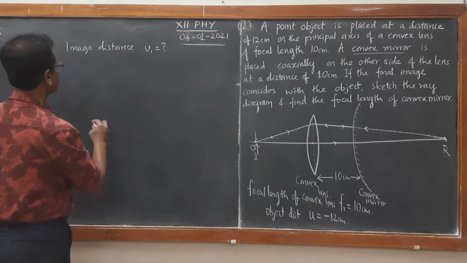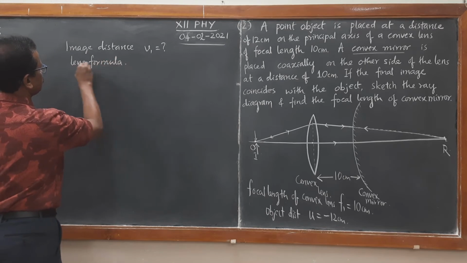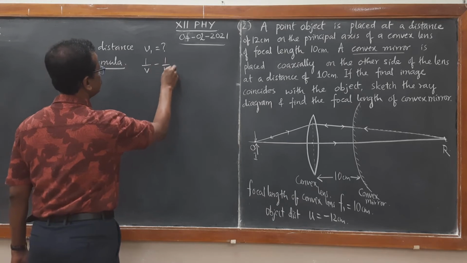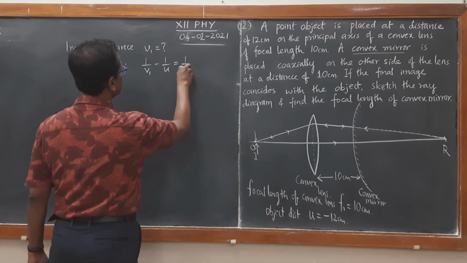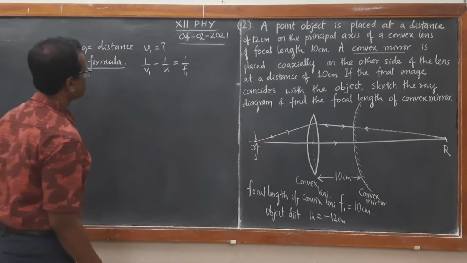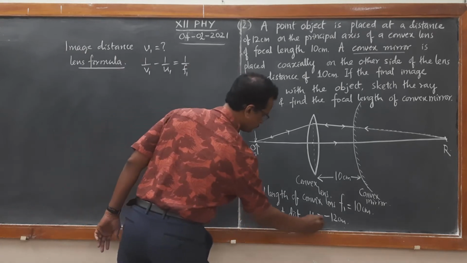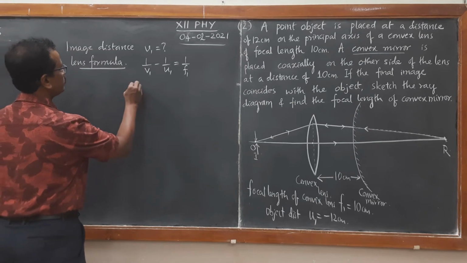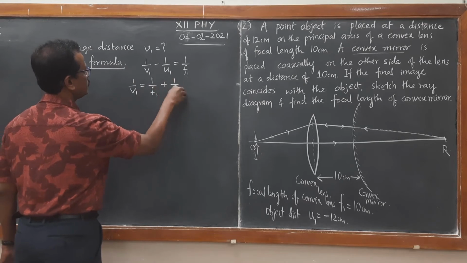We'll use the lens formula for the convex lens, or whatever the lens is, 1 by V minus 1 by U is equal to 1 by F. Here we have taken V1 because I have taken the focal length as F1. You can take this as U1 for the first object. Therefore, 1 by V1 is equal to 1 by F1 plus 1 by U1.